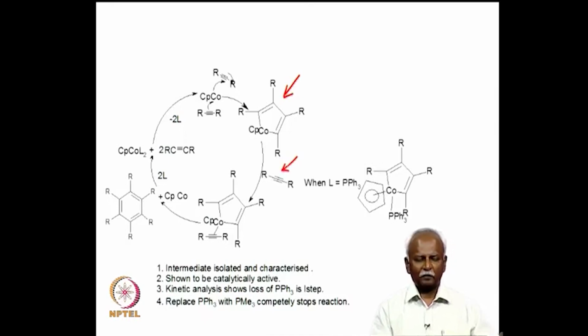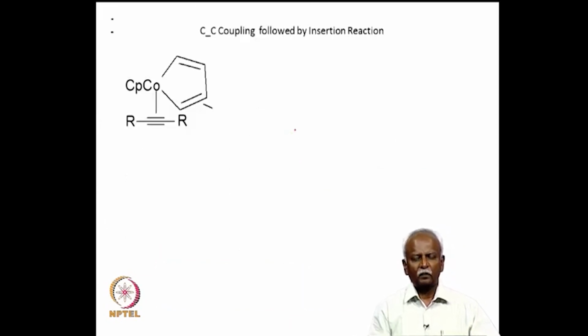Now, let us come back to this slide, but first let us take a look at what are the ways in which these two species can interact. Let us say you have a carbon-carbon coupling, that is what we said is the formation of the metallocyclopentadiene, followed by an insertion reaction.